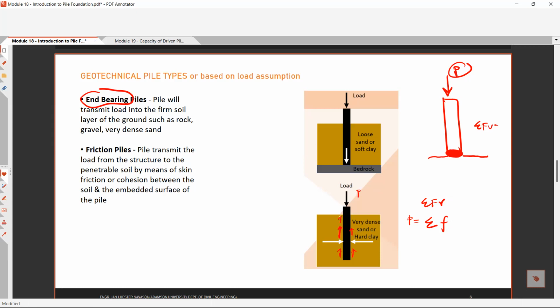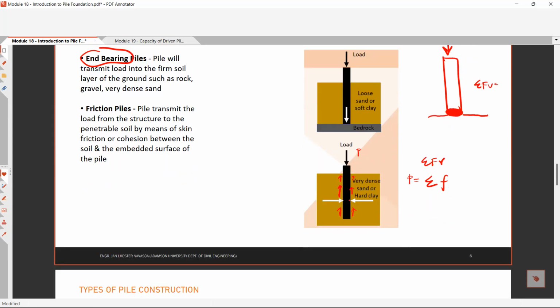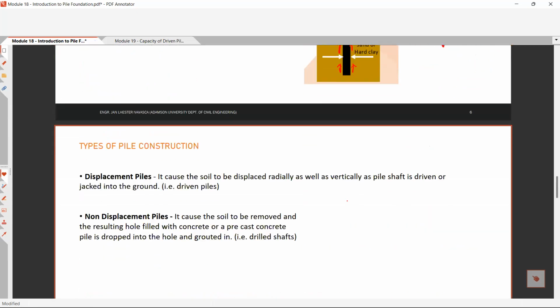So, linear meter yung mga skin friction na yan. So, that is the assumption for the friction piles. So, again, the end bearing piles is kung ano yung contact area. And for the friction piles is yung based on the skin friction or the cohesion of your soil and the surface of the piles. Okay.